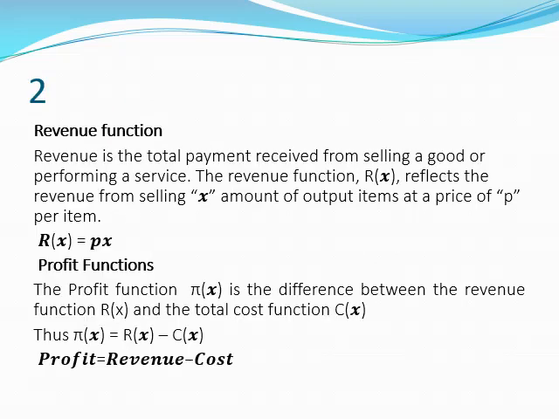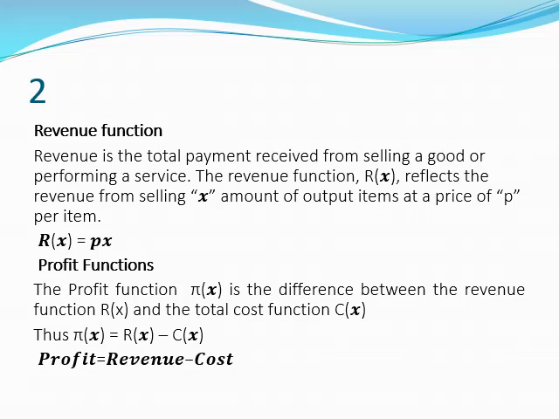Revenue function. The revenue function is the total payment received from selling a good or performing a service. The revenue function R(x) reflects the revenue from selling x amount of output items at a price of P per item.